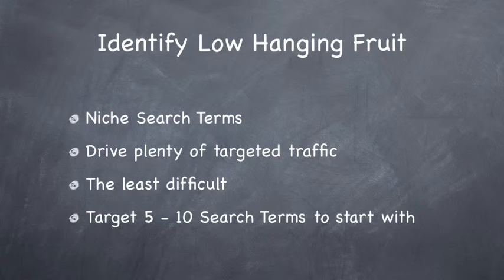And then I suggest you target 5 or 10 of these search terms to start with. You don't want to spread yourself too thin. If you're targeting lots and lots of search terms, you're not going to be focused enough to actually achieve results quickly. Target a few, and when you've got them working for you, then you can come back and start again. Do the next 5 or 10 search terms.